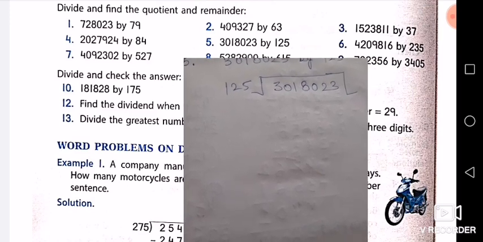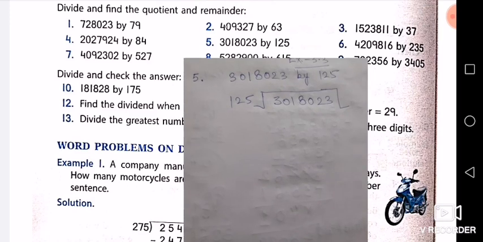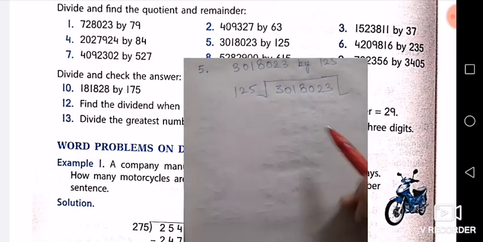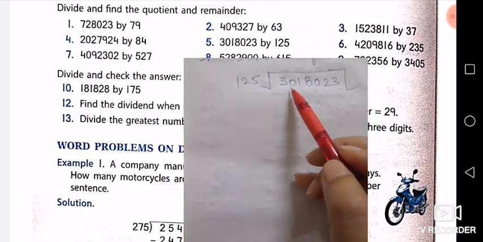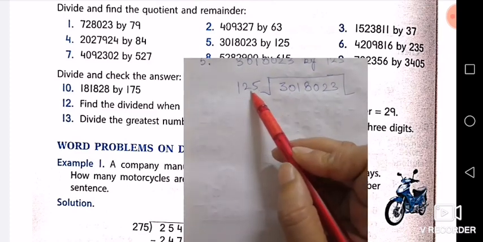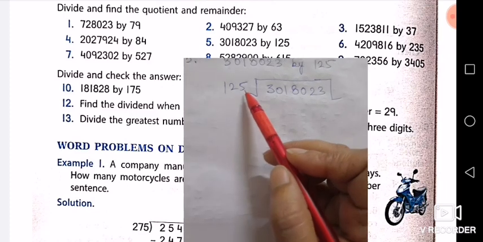Now as I have told you in the example, by looking at the number or by rounding it off you will be able to know how many times it goes. So here 125 is rounded off to 100, but it will not go 3 times because we have 25 also. So instead of 3 times it will go 2 times.